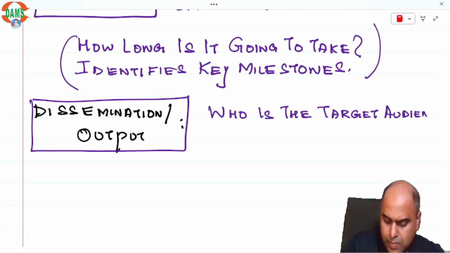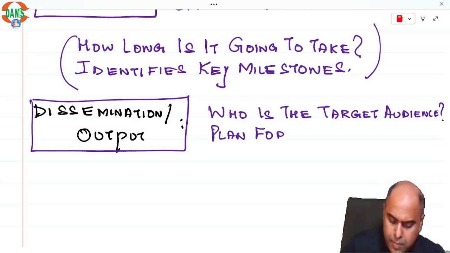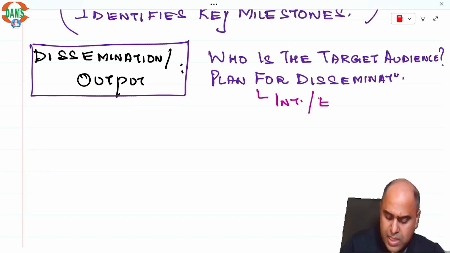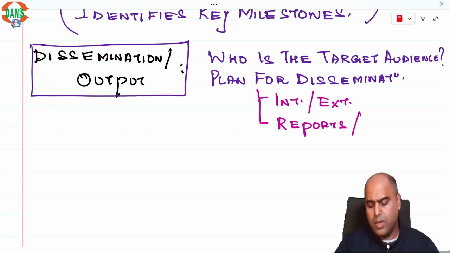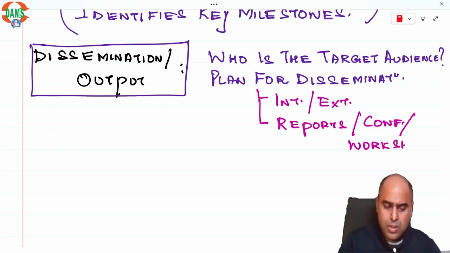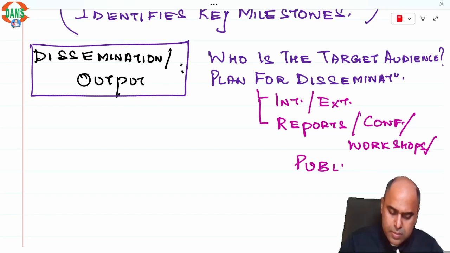Next, the plan for dissemination. Whether you want to go for an internal dissemination, that is in your agency, or external dissemination in the form of reports, conferences, or workshops. Or whether you want to go for a publication.